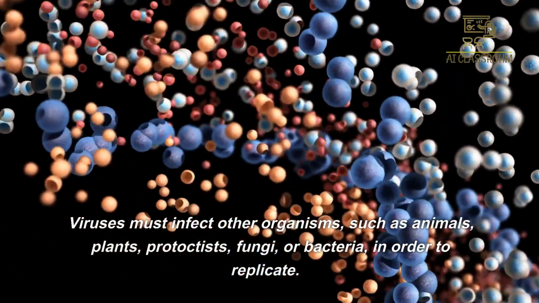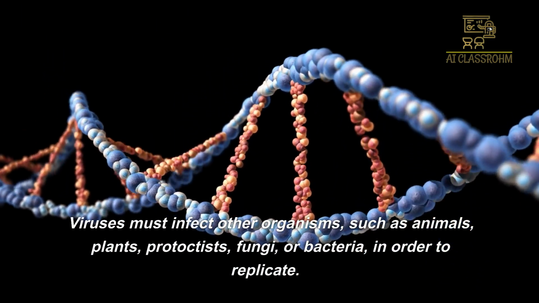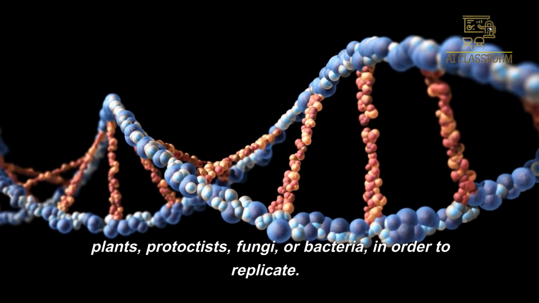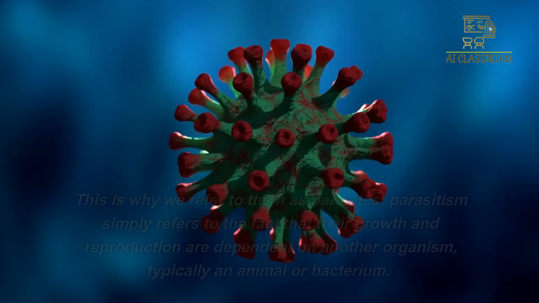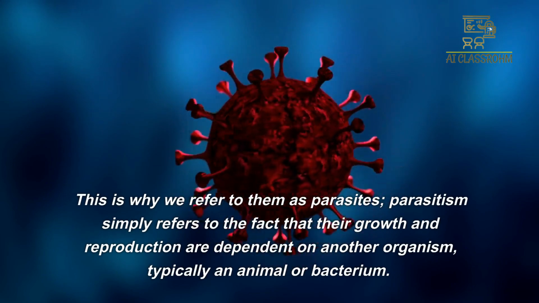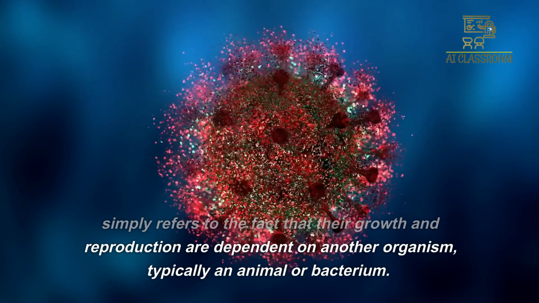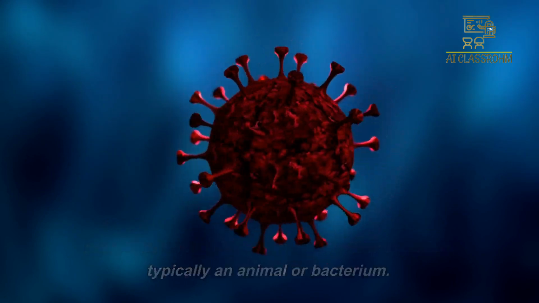Viruses must infect other organisms, such as animals, plants, protists, fungi, or bacteria, in order to replicate. This is why we refer to them as parasites. Parasitism simply refers to the fact that their growth and reproduction are dependent on another organism, typically an animal or bacterium.